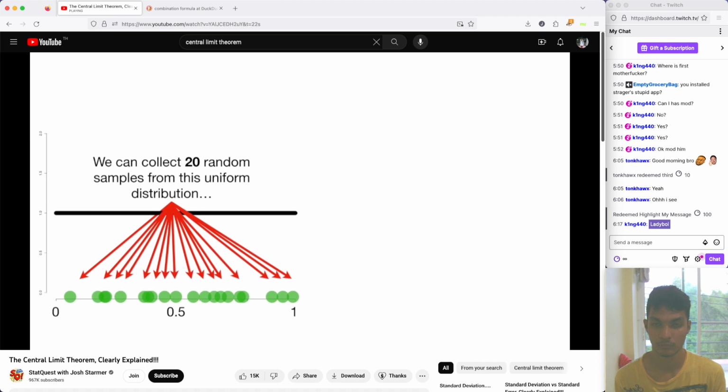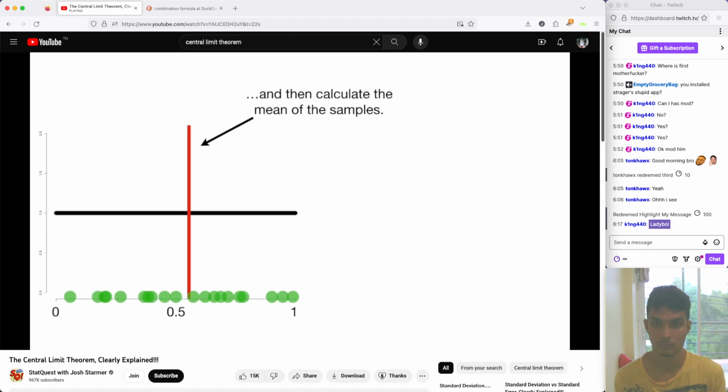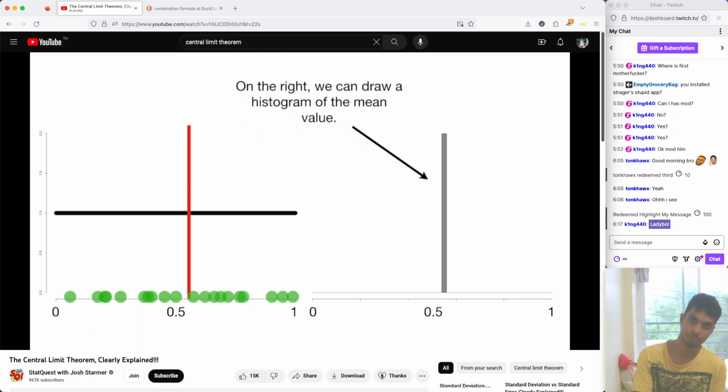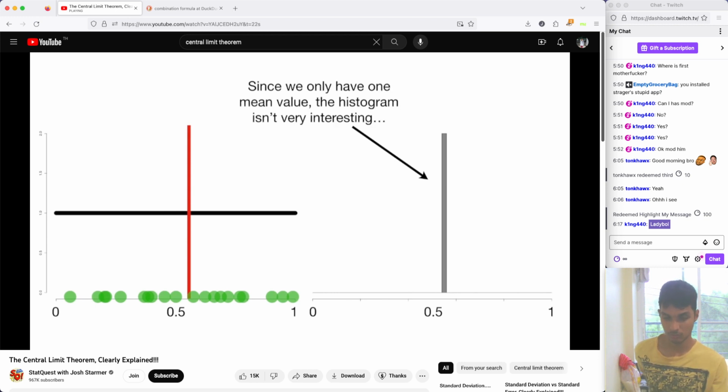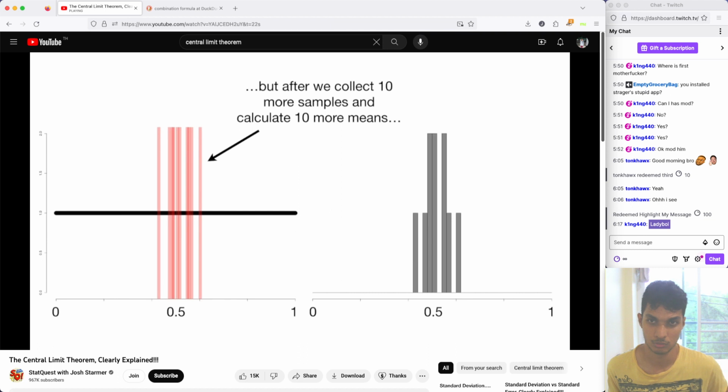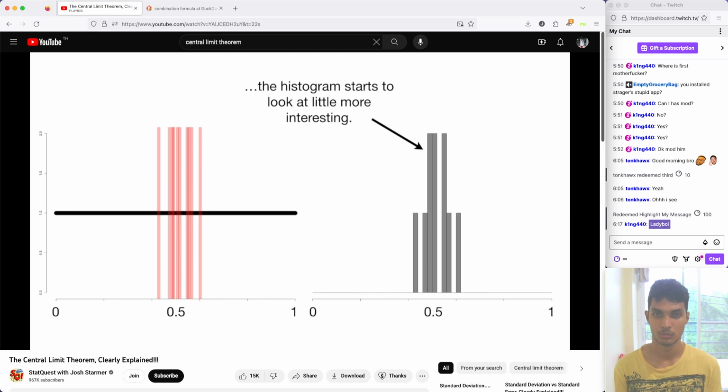We can collect 20 random samples from this uniform distribution, and then calculate the mean of the samples. And on the right, we can draw a histogram of the mean value. Since we only have one mean value, the histogram isn't very interesting. But after we collect 10 more samples and collect 10 more means, the histogram starts to look a little more interesting.